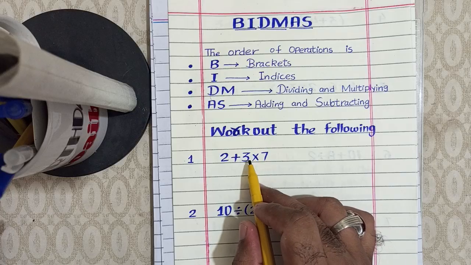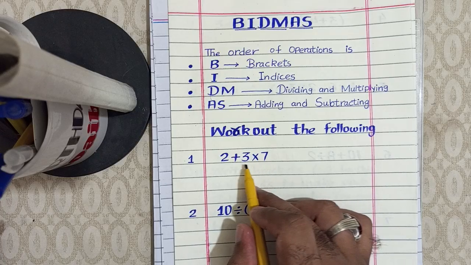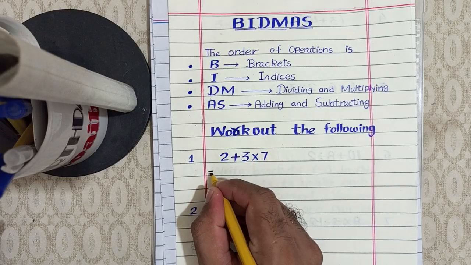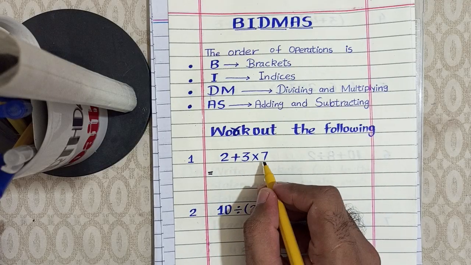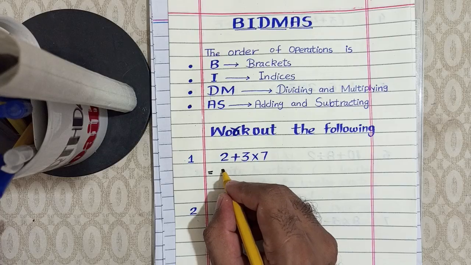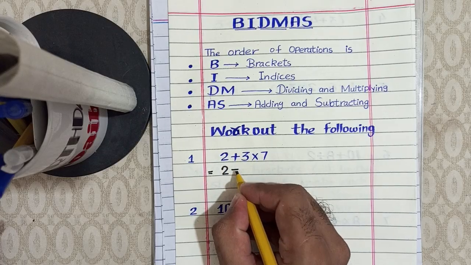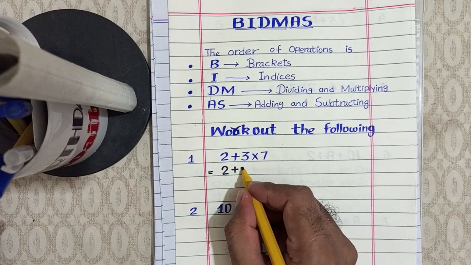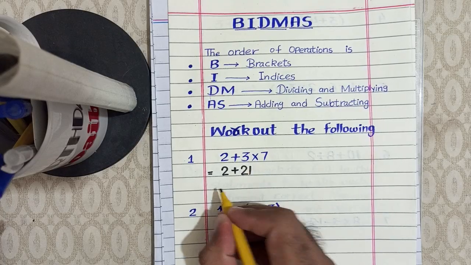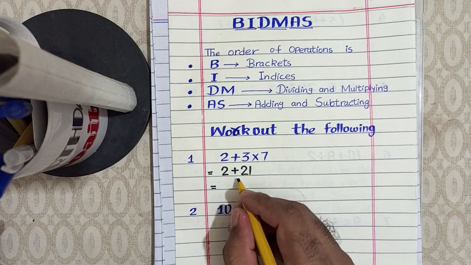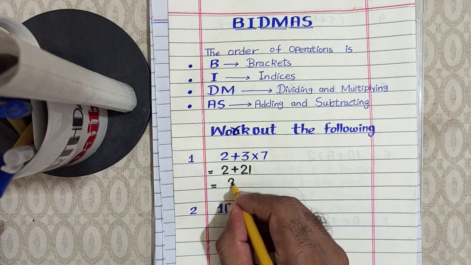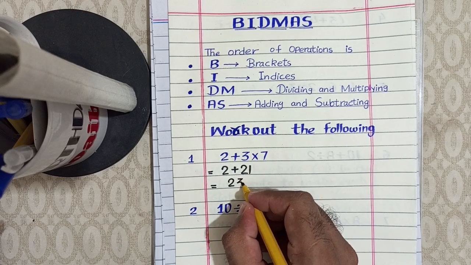So here 3 multiply with 7, 3 sevens are 21. 2 as it is, plus 3 sevens are 21. Now we add these two numbers, 2 plus 21. So our answer is 23.